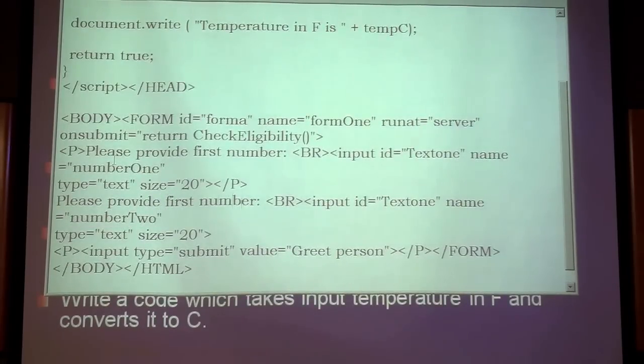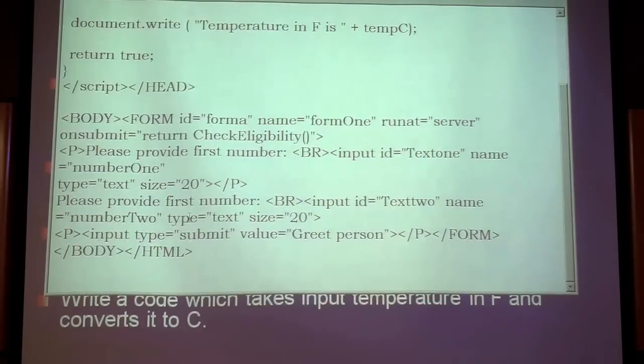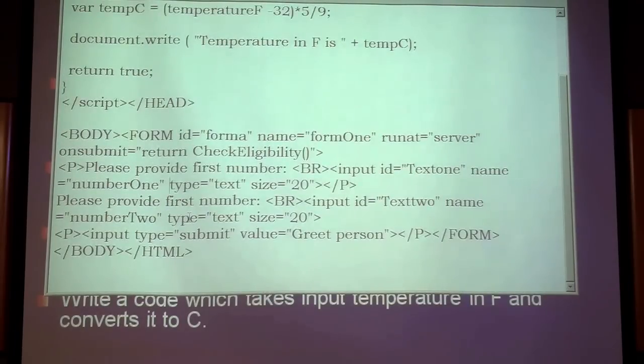I'm going to change the ID as well. So now I have two different text fields, both from the code view and from the browser's point of view. The submit button will be the same, but I have to change its caption. It should be, say, add numbers, or show the sum, whatever you prefer. And then I have to change this one.